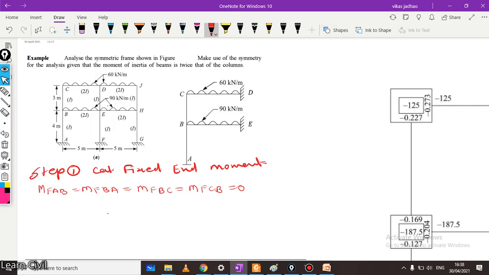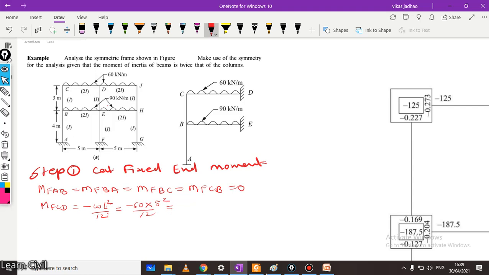Next, for span CD, MFCD is equal to minus WL square divided by 12. We have W is equal to 60, so this will be minus 60 into L is 5 meters, so 5 square divided by 12.